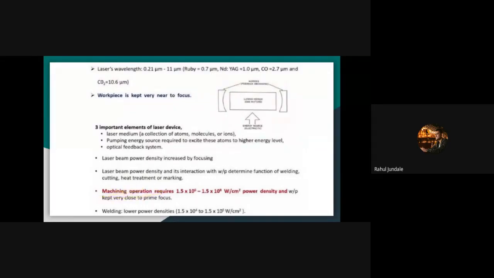The workpiece is kept very near the focal point of the laser beam, because the closer it is, the more heat intensity it will have and the higher the efficiency of the system. The laser beam will also have a high depth of focus than normal light.